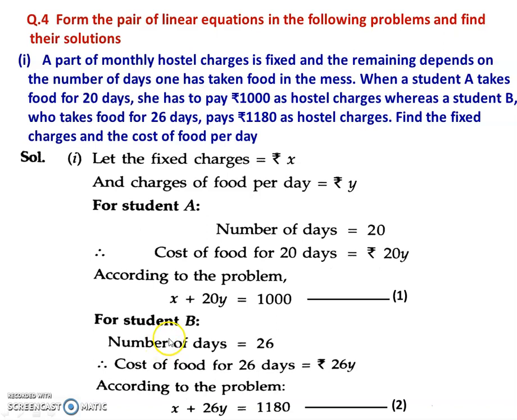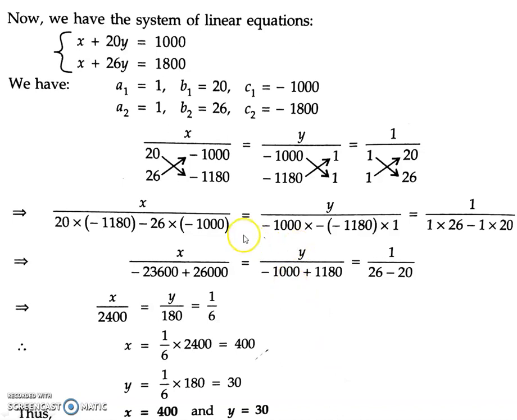Now for student B, the total number of days is 26. So the cost of food will be 26 multiplied by y, and the fixed charge x has to be paid apart from that. So the total cost will be x plus 26y, which is 1180. This will be our equation 2. Now after this you can use any method for solving, but I have used cross multiplication.